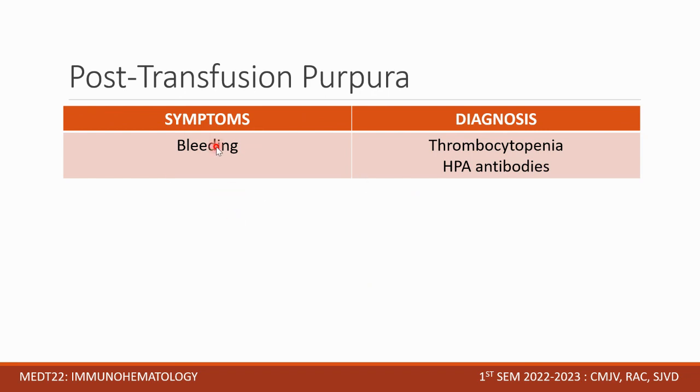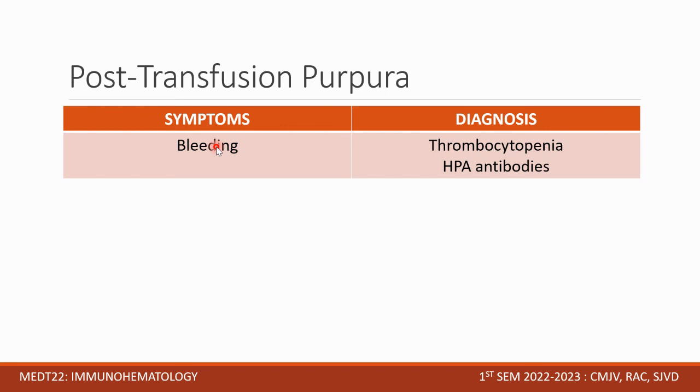And then, bleeding since we have thrombocytopenia. Okay? So, decrease platelet count. We know that platelet count plays an important role in coagulation. Okay? So, without platelet count or low platelet count, so affected si coagulation, walang proper coagulation can cause bleeding.